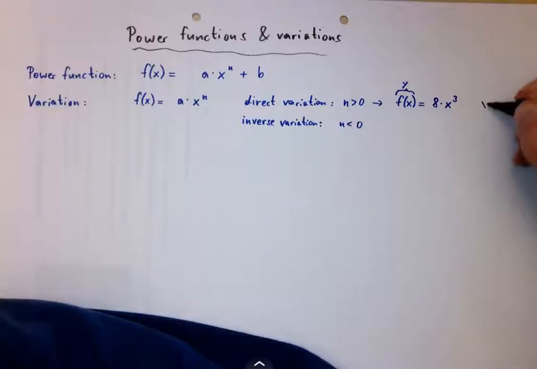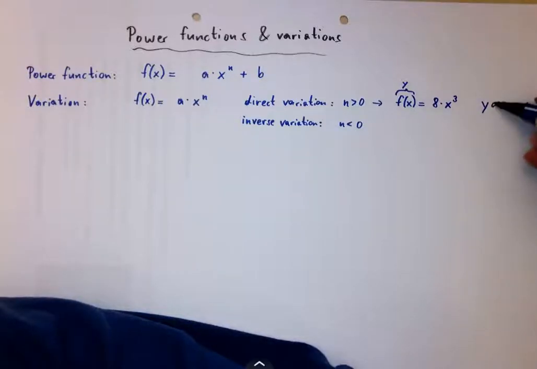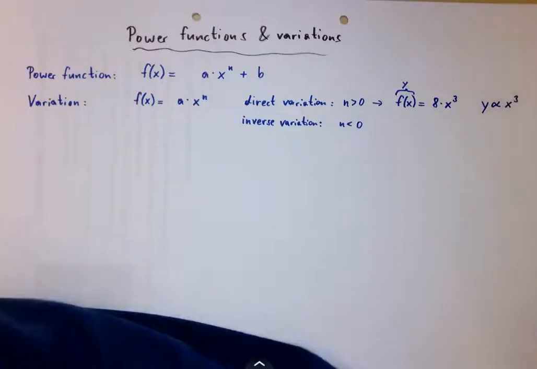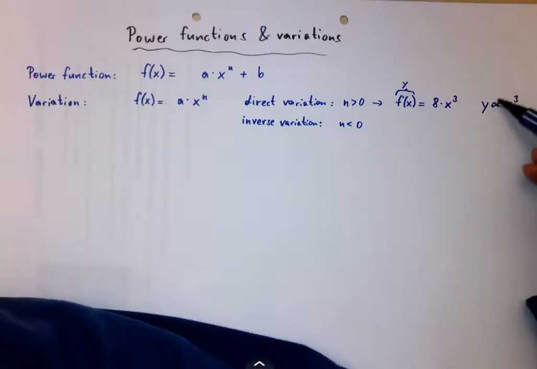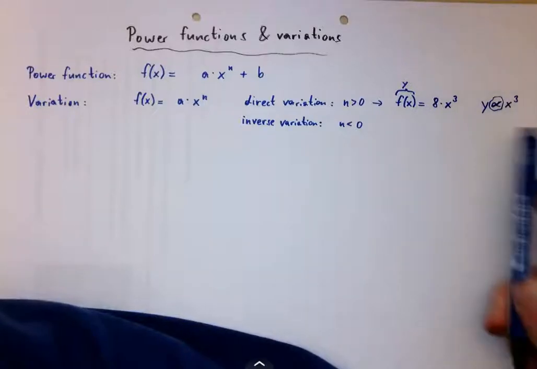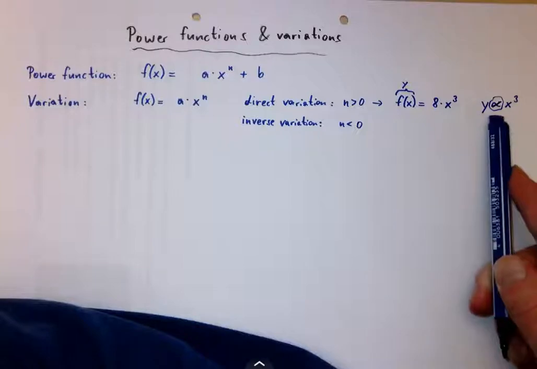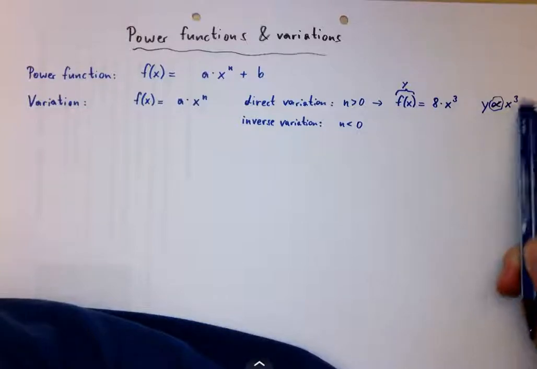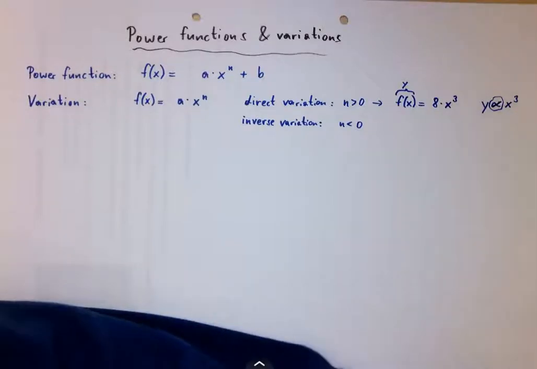So we could state this like this: y varies directly with x to the third power. This symbol means that something is proportional to each other. It's similar to an alpha, but it's not an alpha. It means that y is proportional to the cube of x.